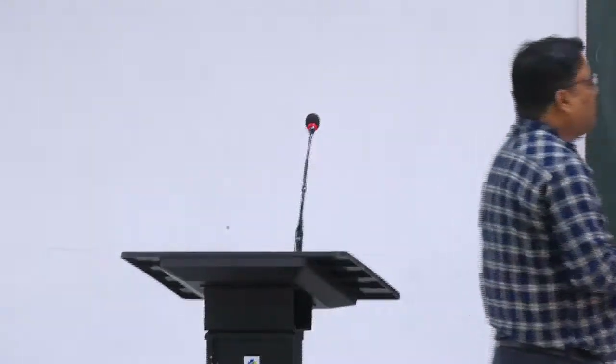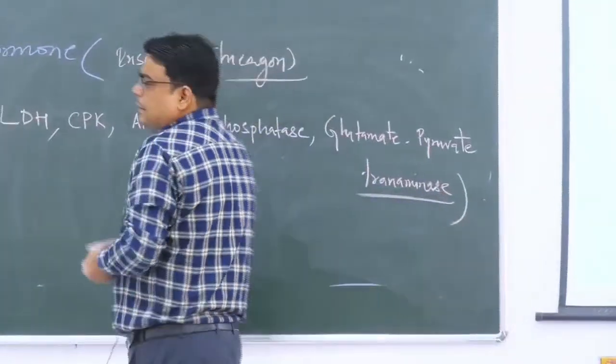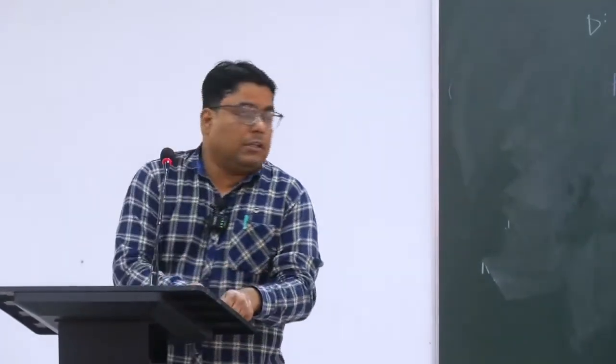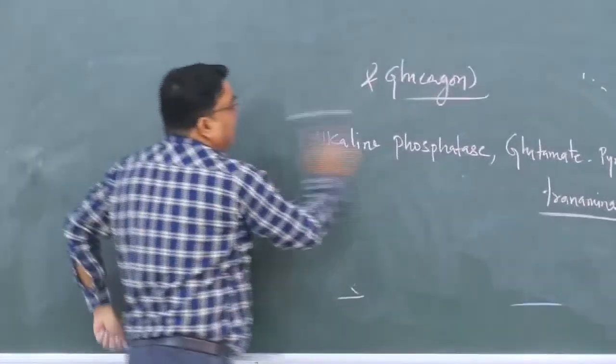There is a transfer of an amine group. Okay, so these are the enzymes: glutamate pyruvate transaminase. These are also present in the plasma, but in trace amounts. Generally they are present in traceable amounts. So now we take one by one all the proteins and we discuss in detail. Okay.